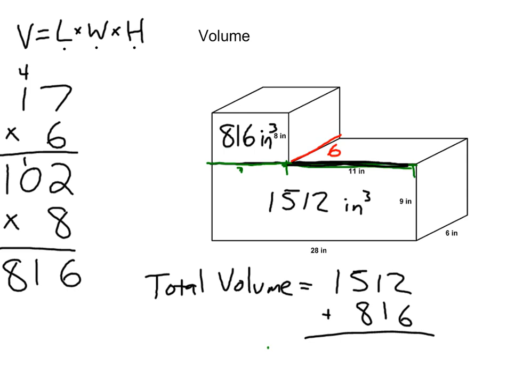Now 2 plus 6 is 8. 1 plus 1 is 2. 5 plus 8 is 13. So we need to carry. And then 1 plus 1 is 2. So that says the total volume is 2,328 cubic inches.